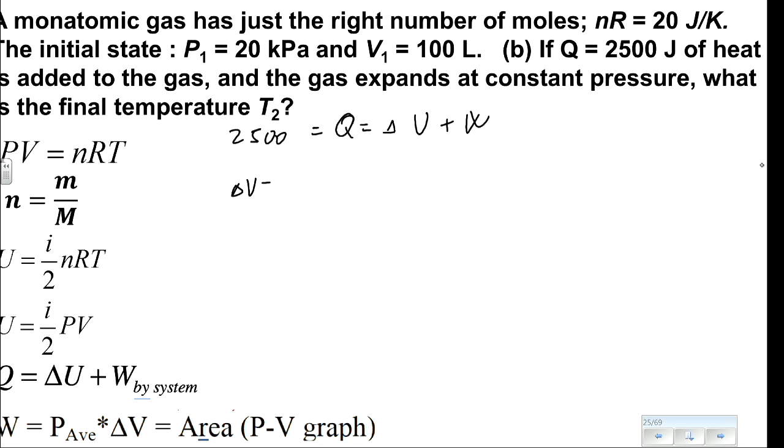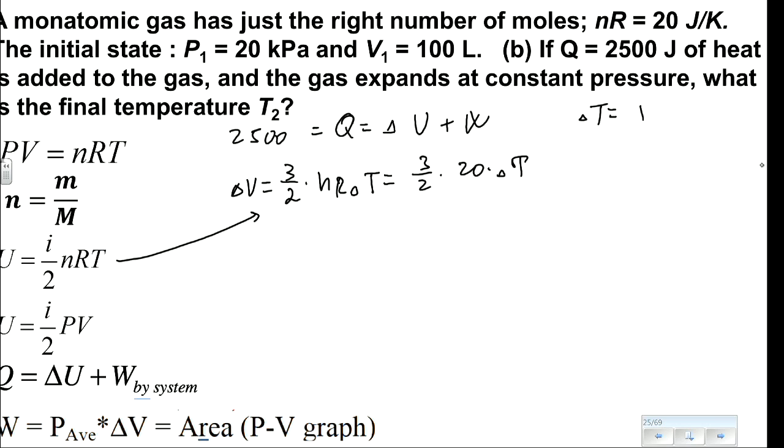Delta U, as we know, and this is the equation I want to use, because my goal is to relate it to temperature. 3 divided by 2 times, well, let's write it as an equation now. 3 divided by 2 times 20 times delta T. What is delta T? Delta T is this difference. This is what we're looking for. This is what we know already.